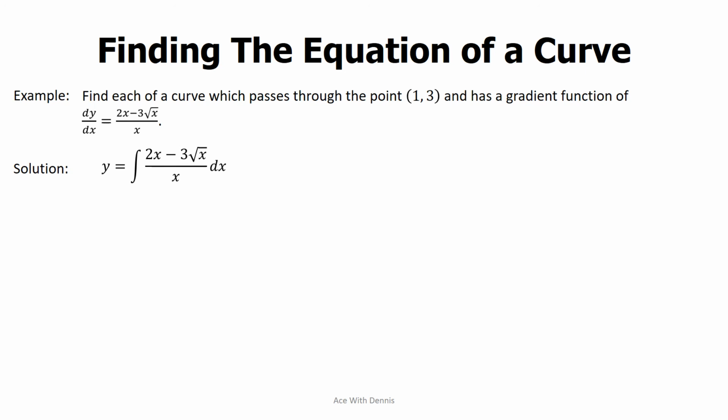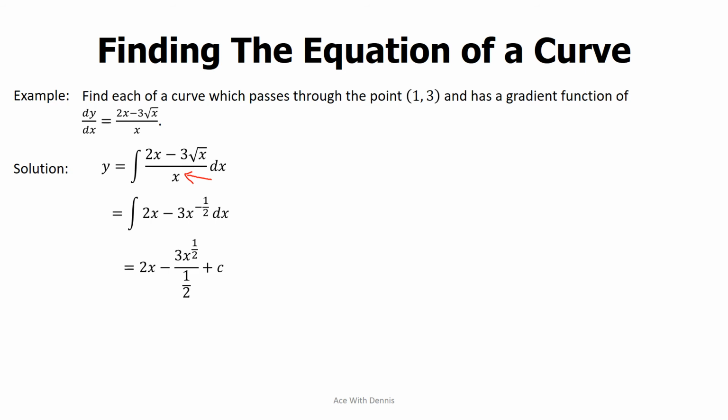And again, notice that there's only one term at the denominator, so we can break it into two different terms, which we get integration of 2 minus 3x to the power of negative half dx. Then we can integrate them separately. Integration of 2, we get 2x.